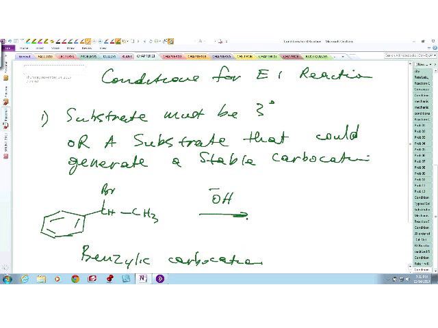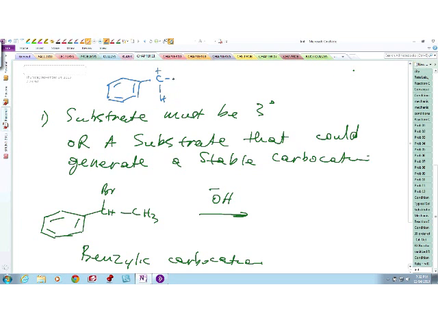And then the base will come in to remove this hydrogen here. In other words, this is what you get. Even though this is a secondary substrate, it still goes through an E1 mechanism. Okay, because you could get this, and that's your benzylic carbocation.